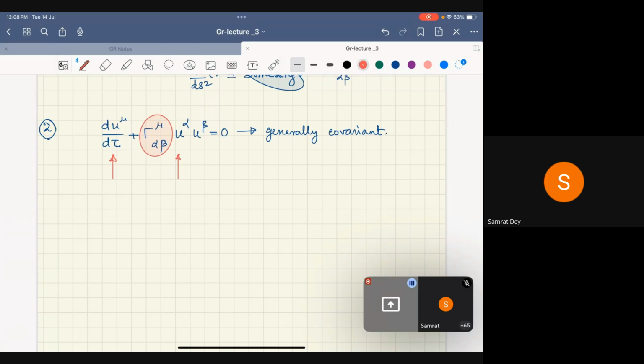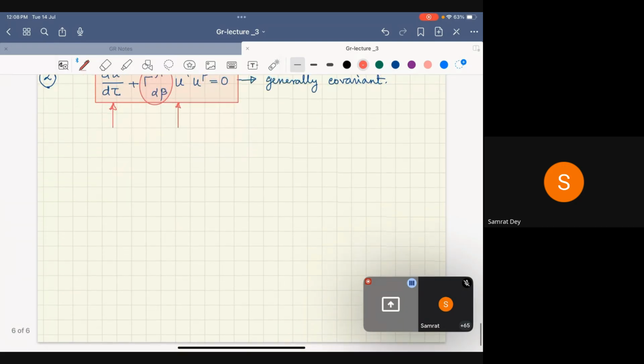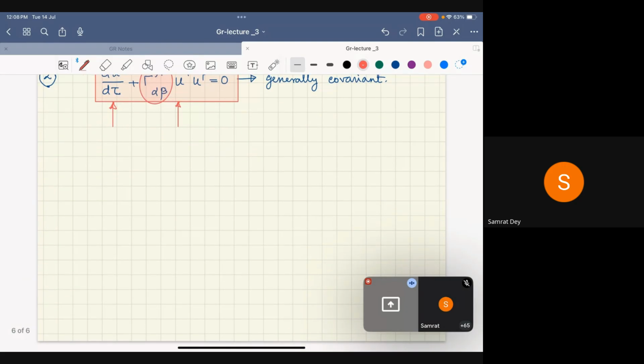And therefore, even though the whole equation as a whole remains covariant, its covariant nature is not explicit if I write the equation in this format. Therefore, we write the full equation in a generally covariant form in the following way.